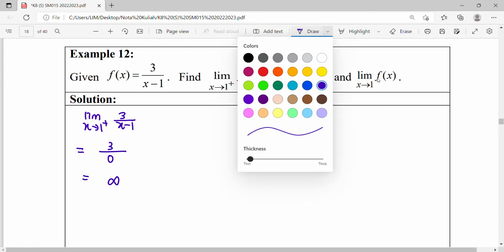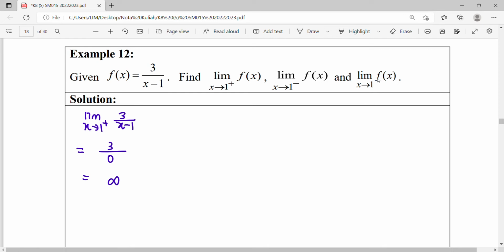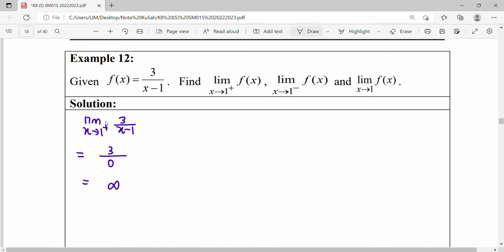So you are closing to this value from the left hand side or the right hand side, negatively or positively. This 0 is the result of x minus 1, right? So this x approaches 1 from the right hand side, so you can test your value. If your x approaches 1 from the right hand side, maksudnya nilai yang dekat 1 right hand side itu apa? 1.001?